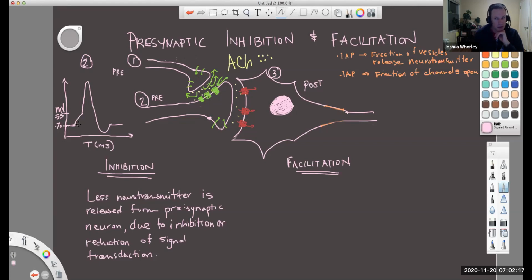Well, let's do a little red line here, right? We'd be operating here at -70, and then due to reduced calcium influx, for this very short period here, there's actually a reduction in the amount of calcium that enters. So there's a reduction in the depolarization that takes place. So maybe it only gets here, right?